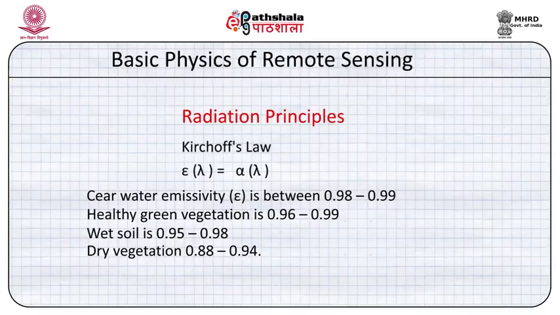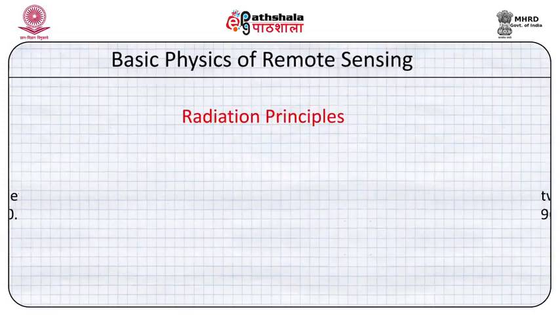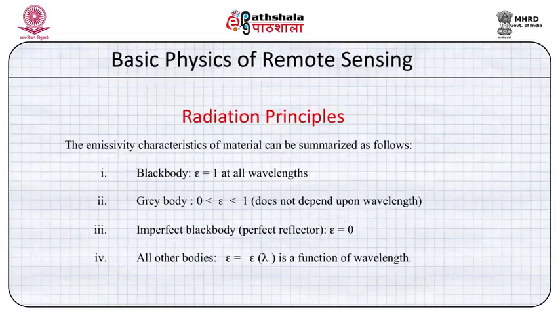The emissivity characterized by material can be summarized as follows. For a black body, emissivity will be unity, that is 1 at all wavelengths. For a grey body, it is less than 1. For a perfect reflector, emissivity will be 0, whereas for all other bodies emissivity is a function of wavelength.